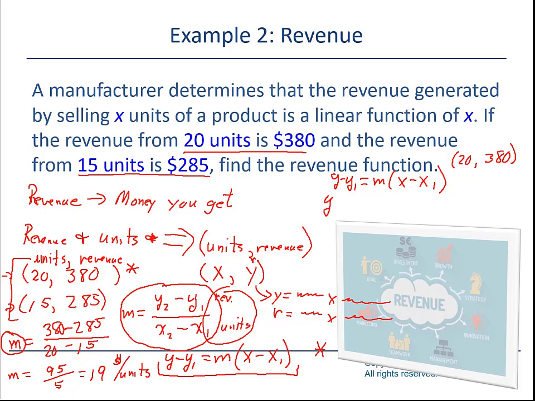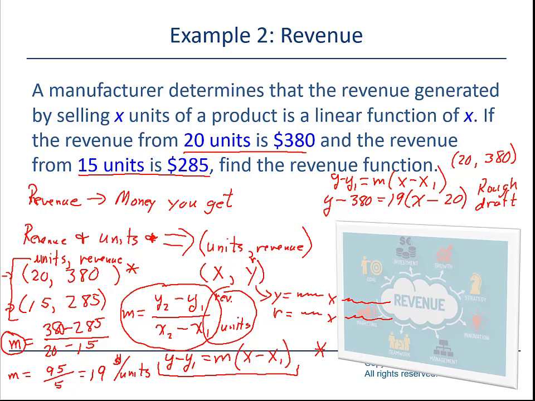Y, the generic y, minus y sub 1 will be 380 equals the slope we found down here. The slope is 19 for this function, and x is the generic x minus x sub 1, we're using 20 up here. In rough draft, this is our equation. However, it is a rough draft.